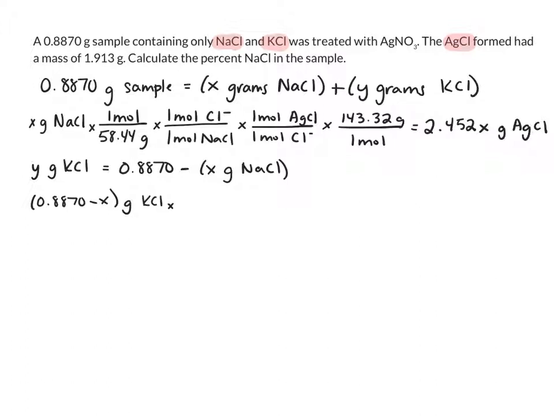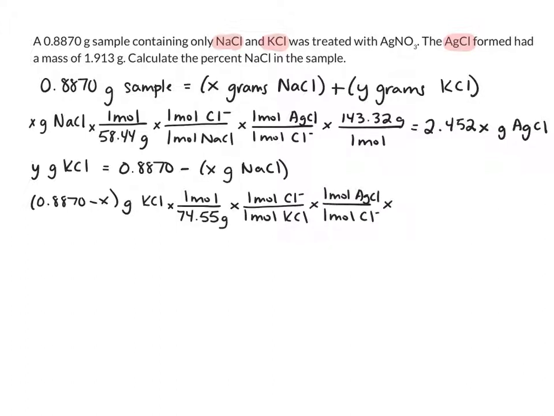I'm going to go through the same process. First, I need molar mass, 74.55 grams per 1 mole. Now I find moles of ions. 1 mole of KCl gives me 1 mole of chlorine. 1 mole of chlorine gives me 1 mole of AgCl. Finally, molar mass, 143.32 grams in 1 mole.